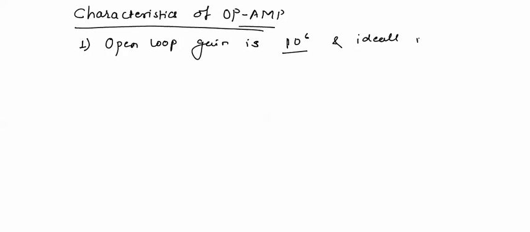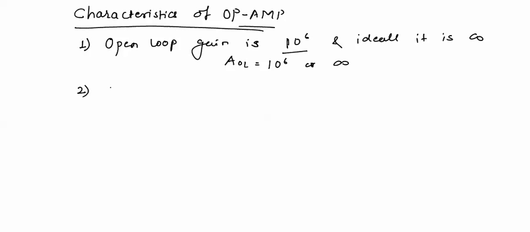First important characteristic is open loop gain, which is around 10 raised to power 6 for an operational amplifier practically, and ideally it is infinite. So the first characteristic is that open loop gain AOL is equal to 10 raised to power 6, or ideally it is infinite. So it has a very high open loop gain.